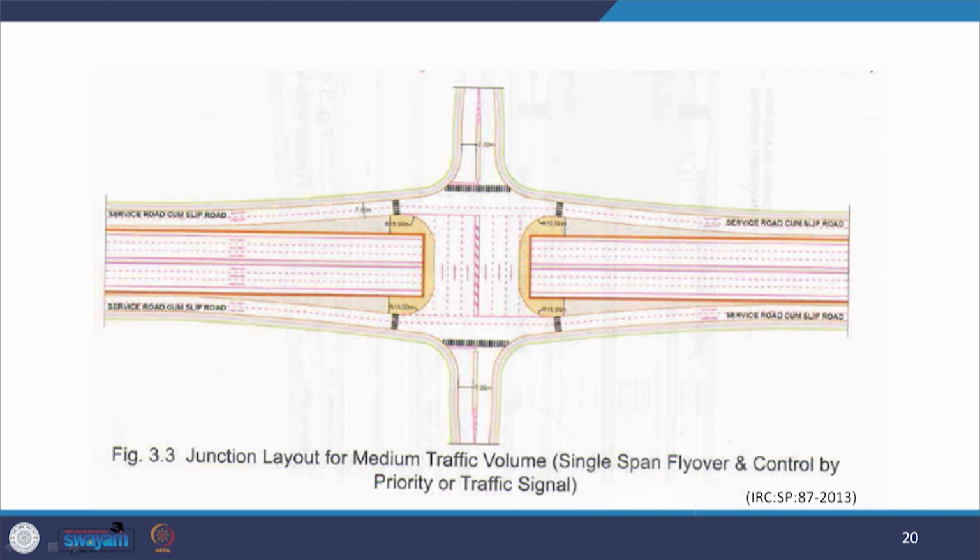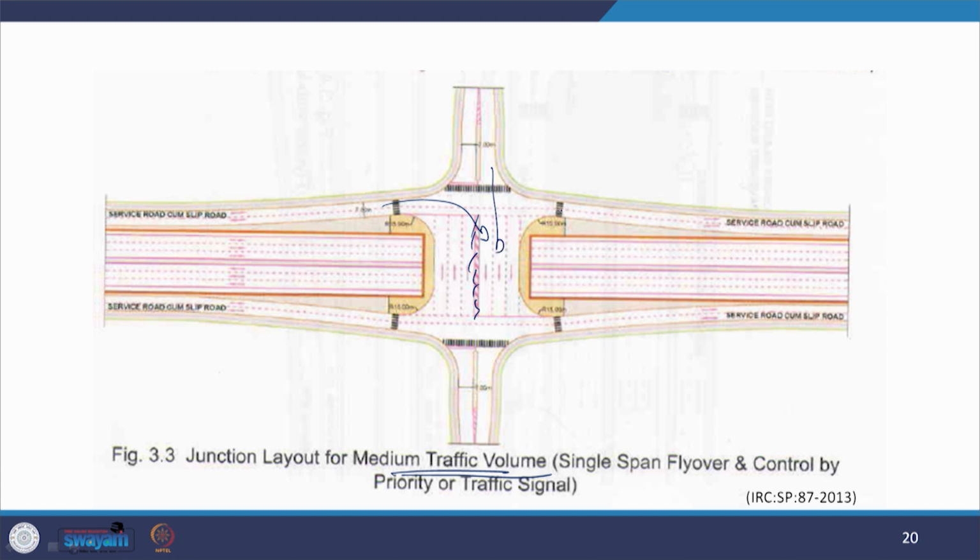Here you find the traffic is increasing, and in this traffic we are trying to have either priority systems or systems where signals are controlling the traffic, but there is a median provided in the center like this, which is segregating the two directional traffic. The traffic which is coming here is going in this way, or this is traffic which is coming.